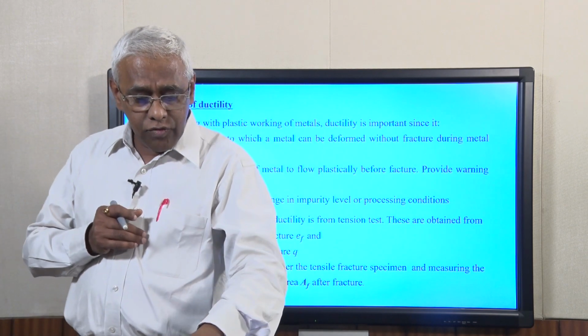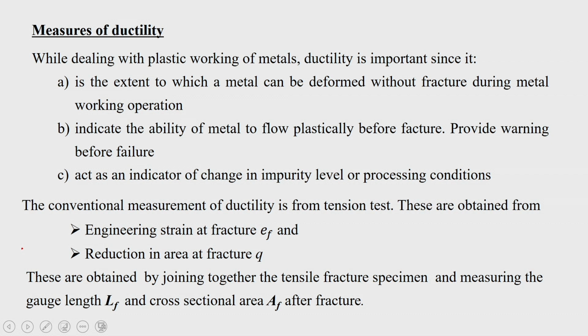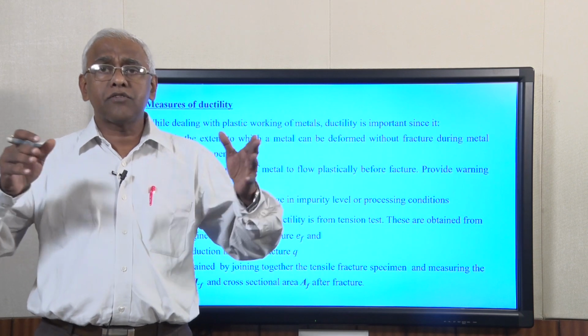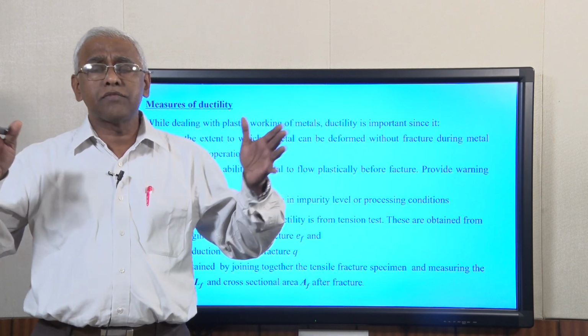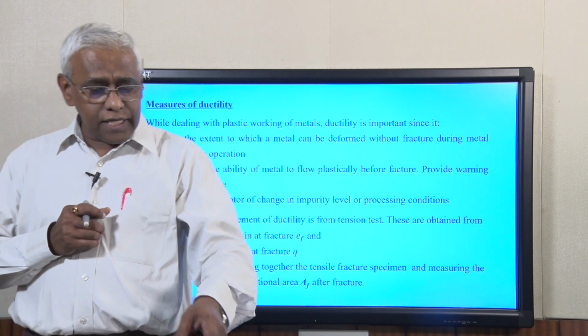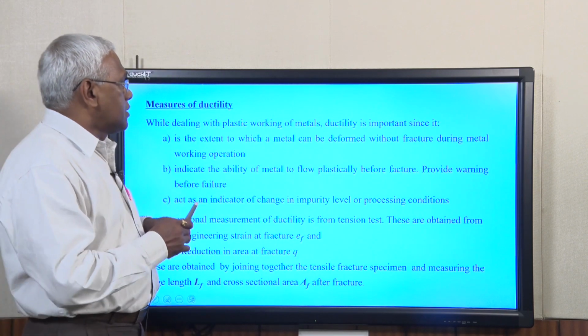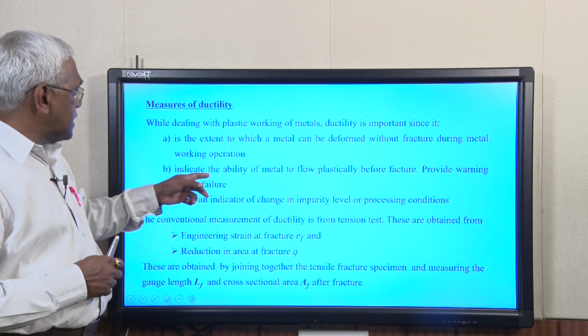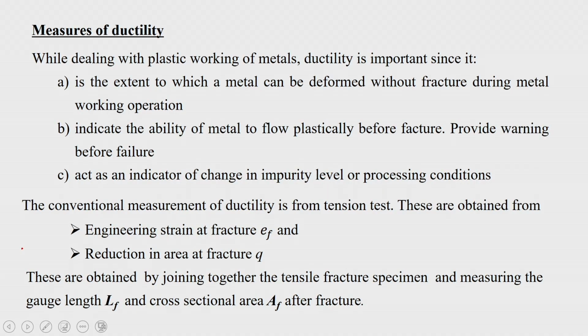So, that is why we want the value of the ductility for that material, and from a tension test the ductility generally is to what extent it is elongating before failure. So, this is the extent to which a metal can be deformed without fracture during metal working operation, and it indicates the ability of the metal to flow plastically before fracture, providing a warning before the failure.